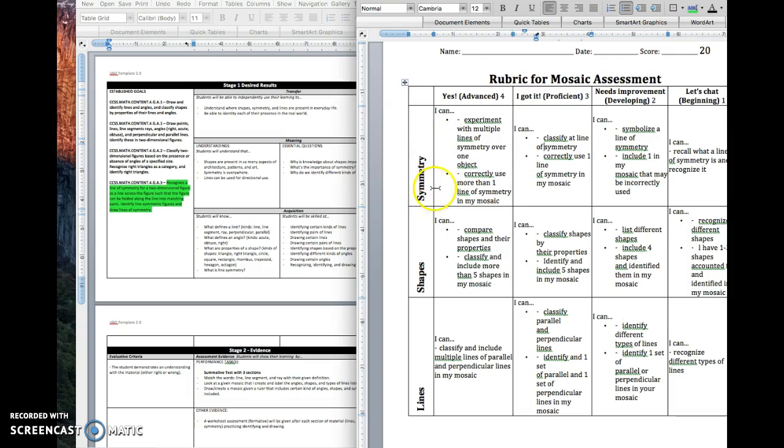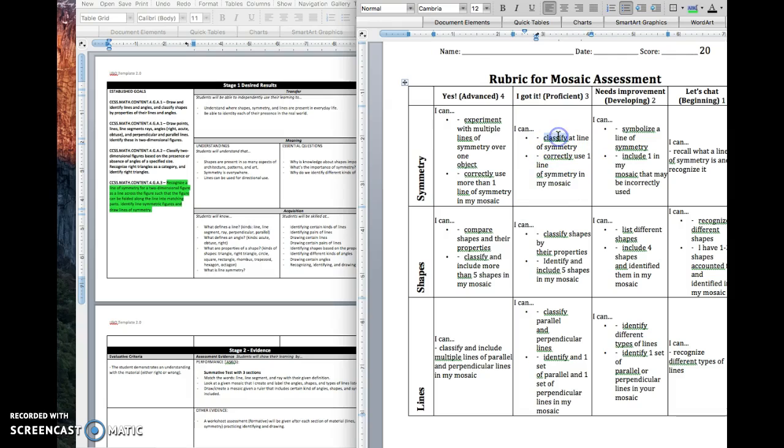So I might do that first, but in looking at this symmetry row, the only standard that is stated is this last one. She's written it as "I can classify a line of symmetry." I would think that she either means a line of symmetry or at least one line of symmetry. "Correctly use one line of symmetry in my mosaic."